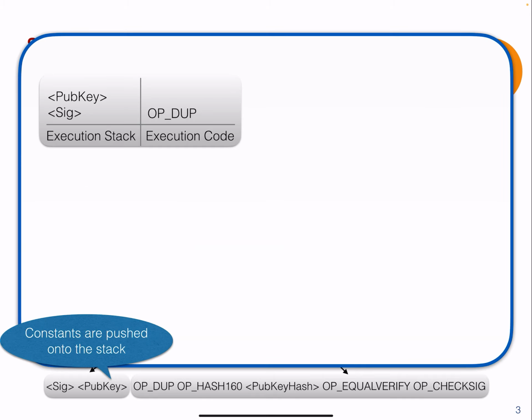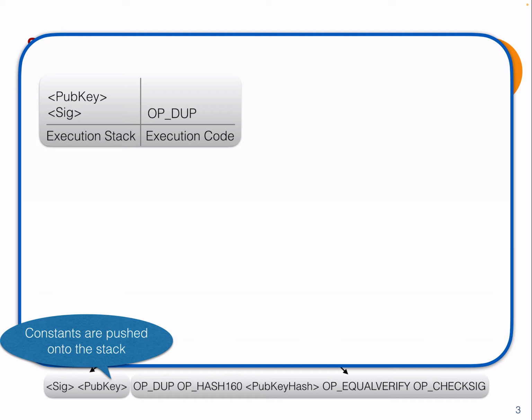So the first step is that we have to push the constants on the stack. The stack is just like a pile, you can think of it, where you pile up the different constants that you then want to use once you execute an opcode. So OP_DUP means to duplicate the last value on the stack.